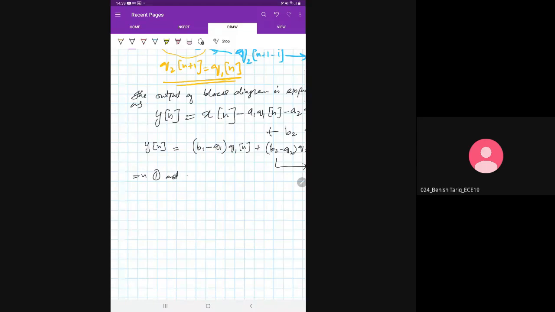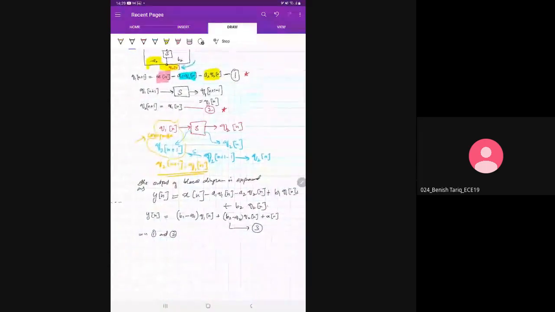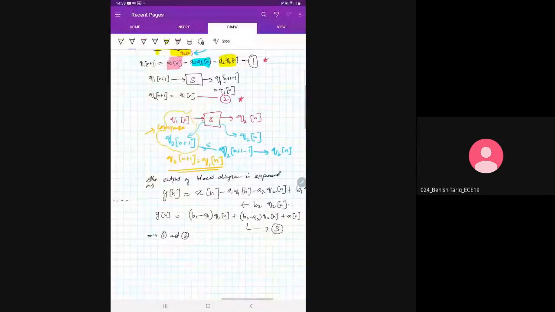Equation 1 and equation 2. Those are these two equations which you have at the top. Okay, equation 1 and equation 2 can be written in matrix form. मैट्रिक्स फॉर्म, हम इनको मैट्रिक्स फॉर्म में लिख सकते हैं. कैसे लिखेंगे?